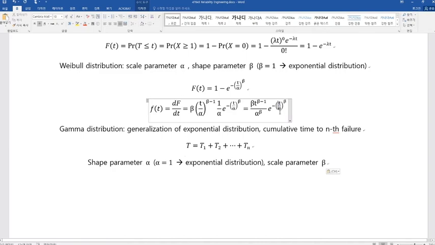And this time in gamma distribution, because beta is a scale parameter, we are going to have the exponential function of the form exponential minus t over beta.